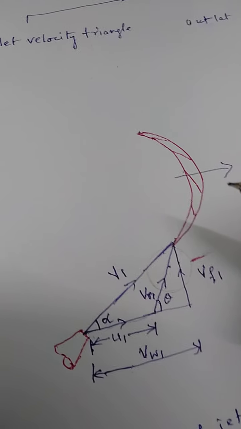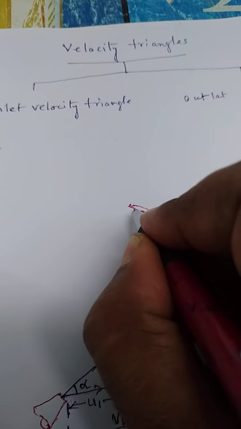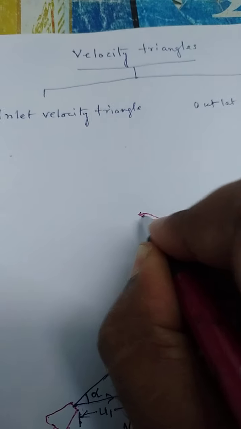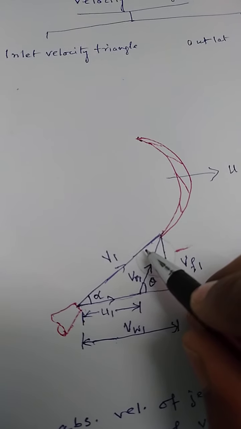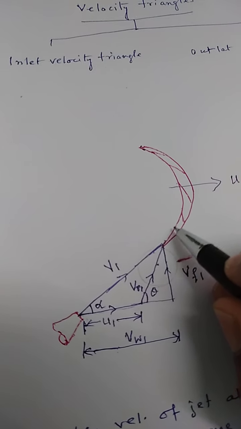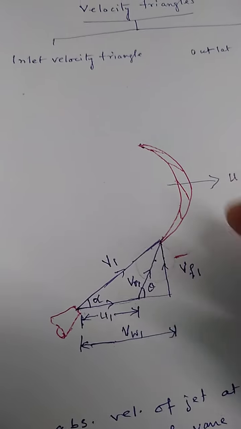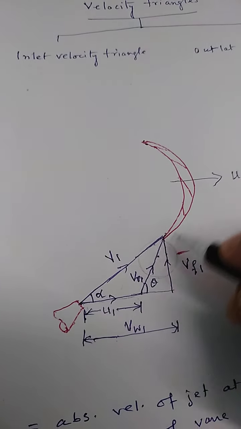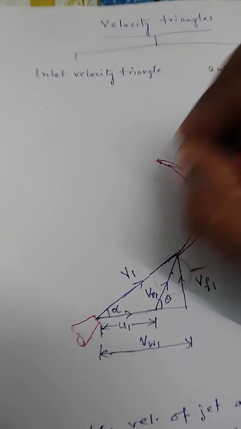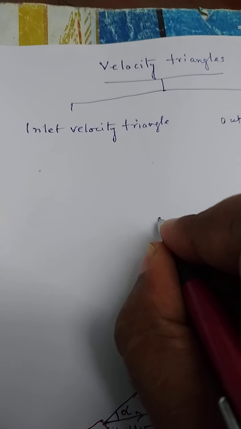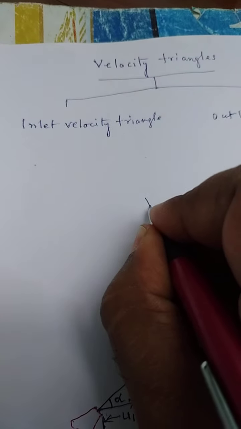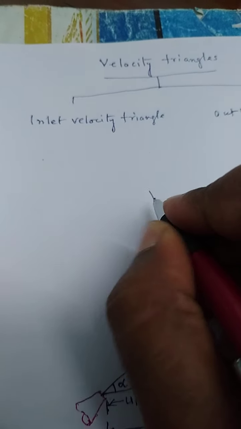Now let us go for the outlet velocity triangle. The absolute velocity of the jet V1 is impinging on the blade and working to rotate it, so it loses its energy here, and when it goes out of the blade it will have a lesser velocity. Suppose this is the absolute velocity V2.